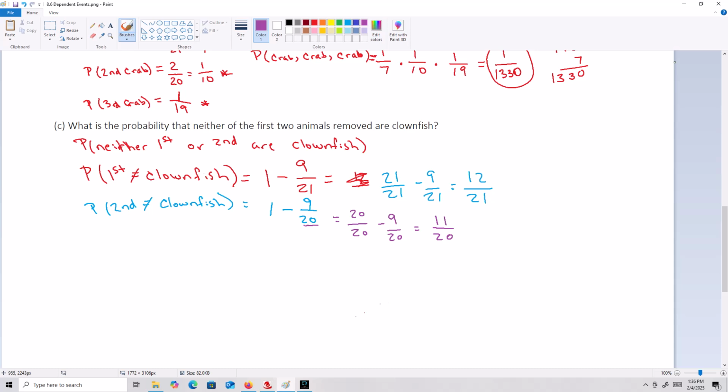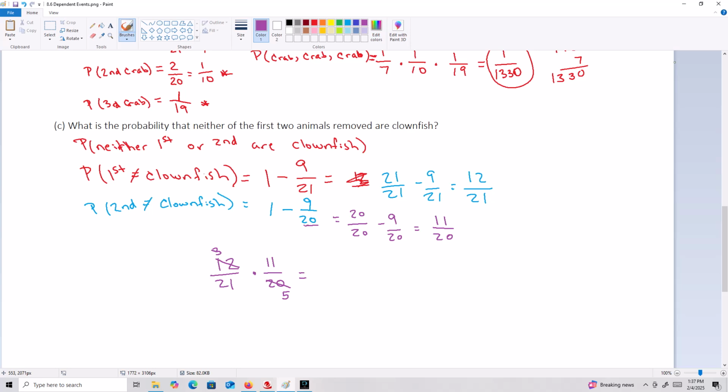Now, the probability of the first time you not getting a clownfish is 12 over 21. The probability of you the second time not getting a clownfish is 11 over 20. And then once again, you do want to reduce. It just makes life easier. So 4 goes into 12 3 times, and 4 goes into 20 5 times.